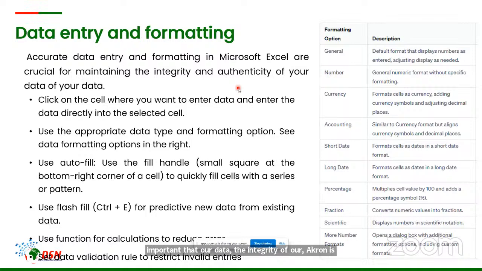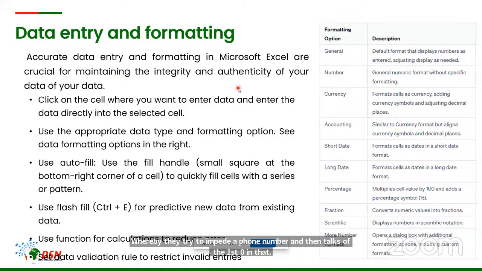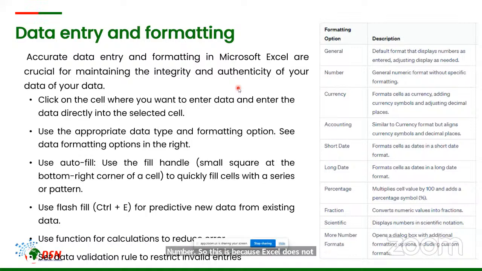A lot of people are familiar with this problem with Excel, whereby they try to input a phone number and then it drops off the first zero in that number. This is because Excel General does not understand what you mean by 09. Excel is taking your data as a value. Zero does not have value, so it removes the zero and keeps the number for you.